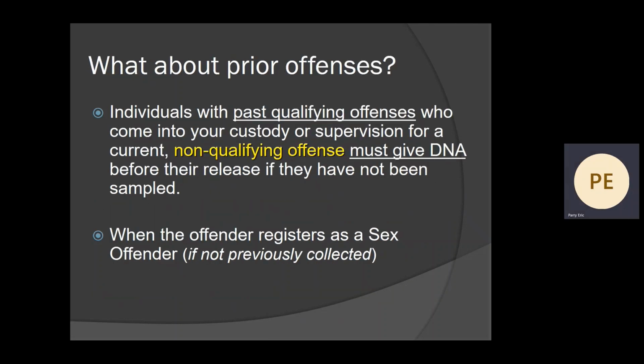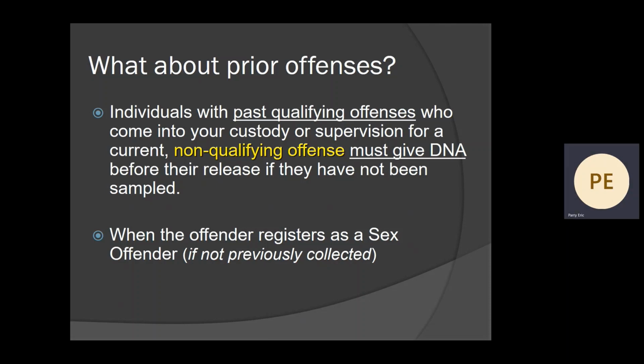So if a person gets arrested or taken to the jail first or wherever for a non-qualifying offense, but you look through the offender entry website, you look them up, and you see they have a qualifying offense or they need to be collected.